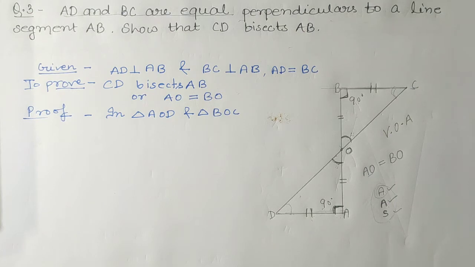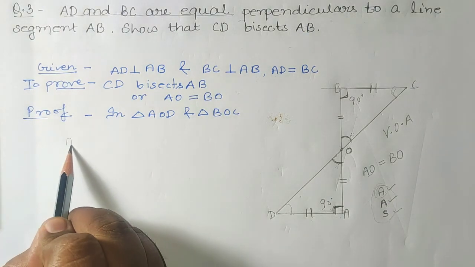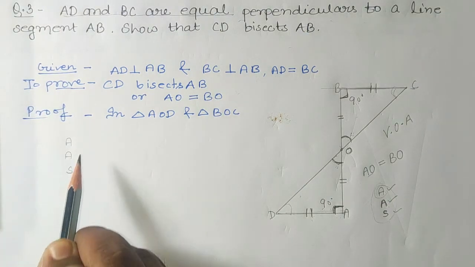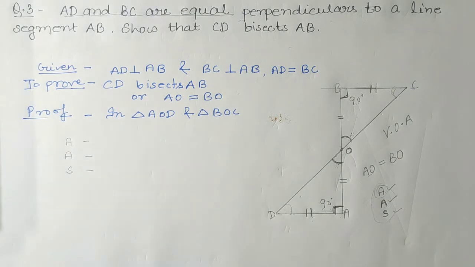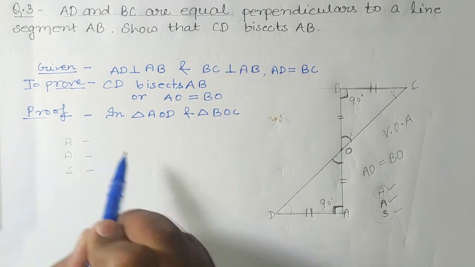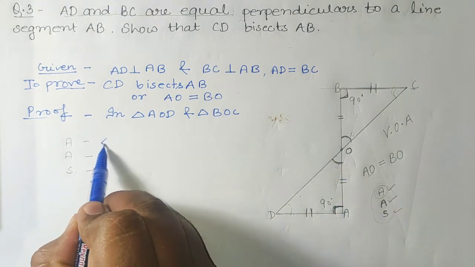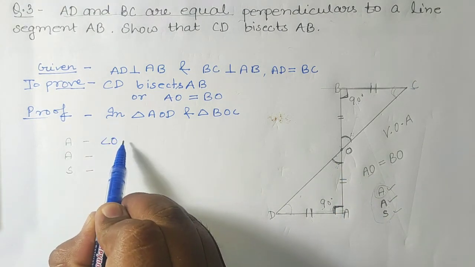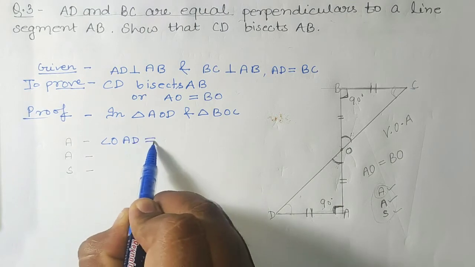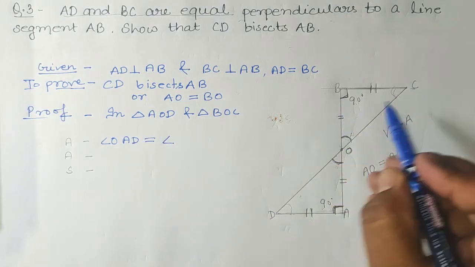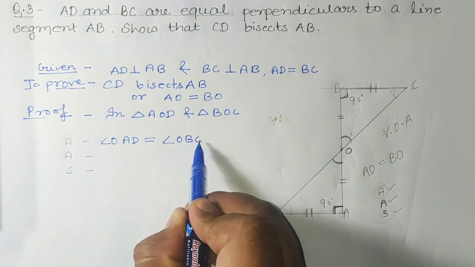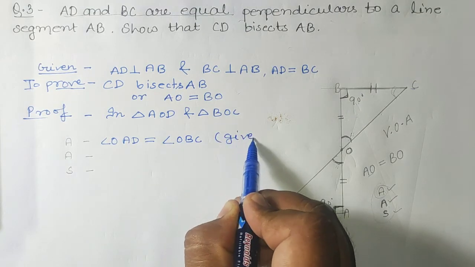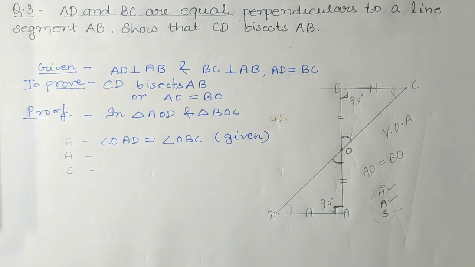So in the proof part we'll write angle side, and then we'll write which angle is equal to which angle. We are basically having angle OAD is equal to angle OBC, and how is it given?